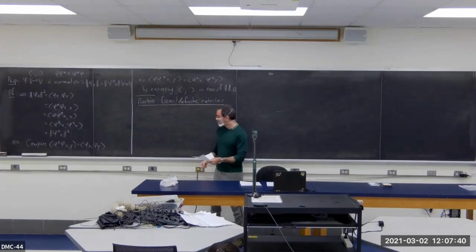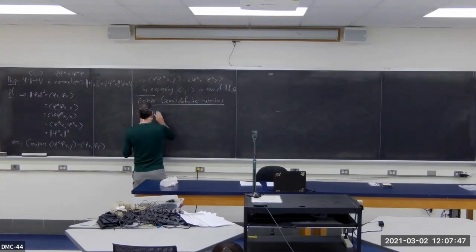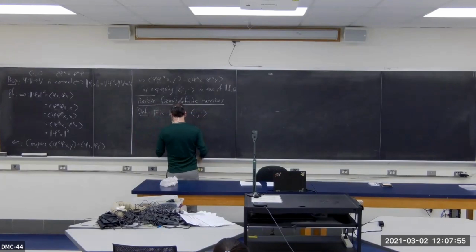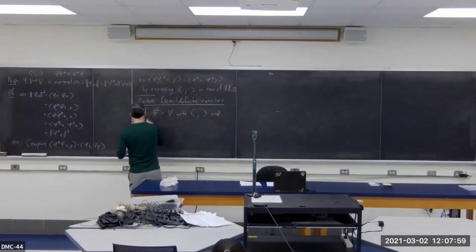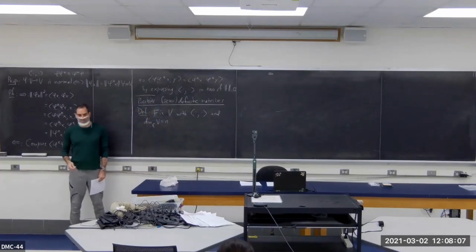Okay, so the setup is that we have a vector space V. Let's fix V with an inner product, a Hermitian inner product, and the dimension over the complex numbers of V is n. So it's a finite dimensional complex vector space with a Hermitian inner product.